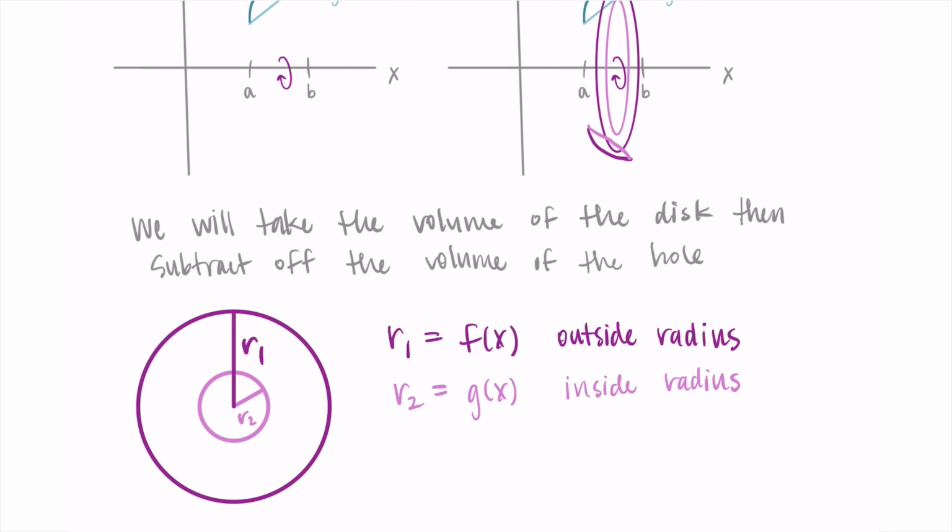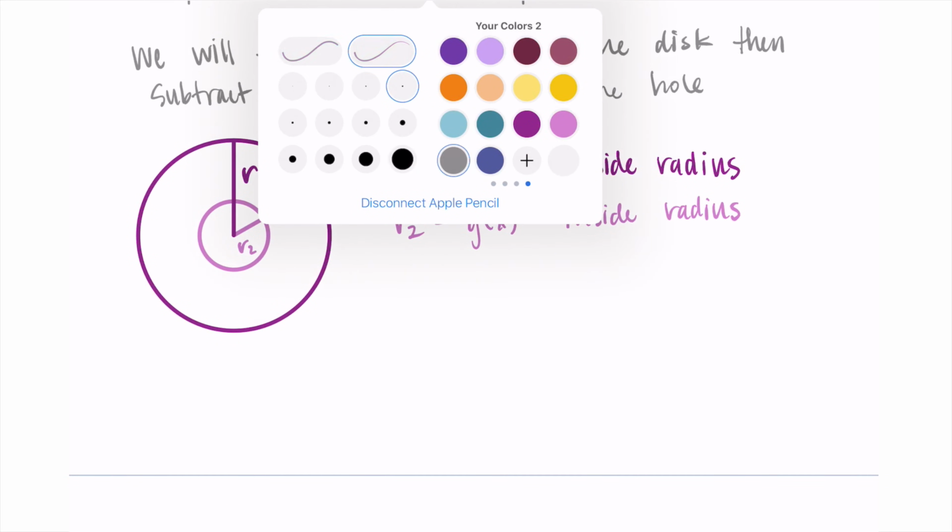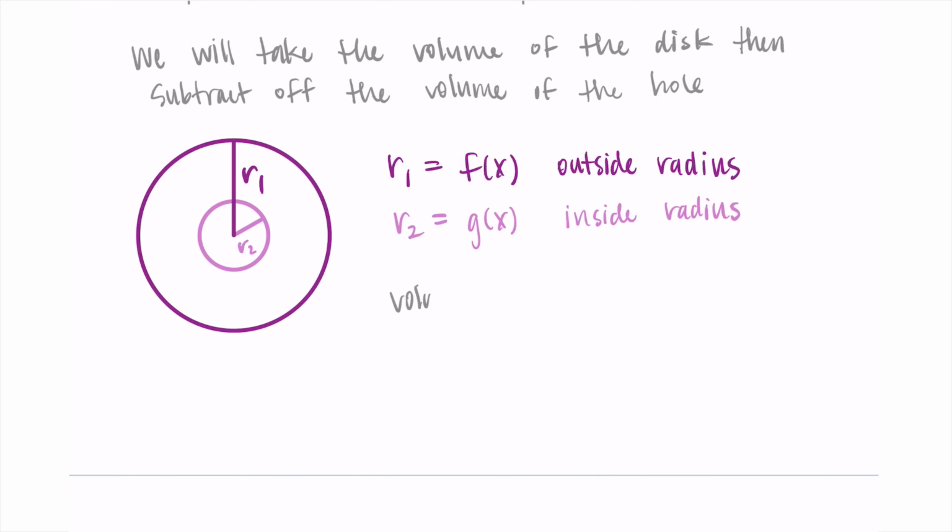Okay, and so our plan is that we're going to find the volume of the full disk, and then we're going to subtract off the volume of the hole that we're removing from the shape to make the washer. So for the volume of the disk, we'd use the outside radius, so it's pi times the outside radius squared dx.